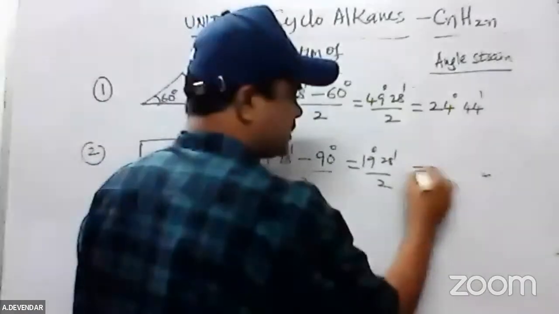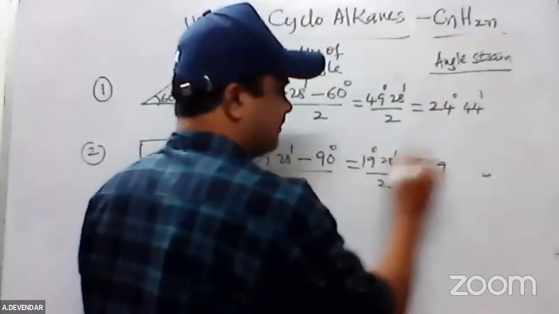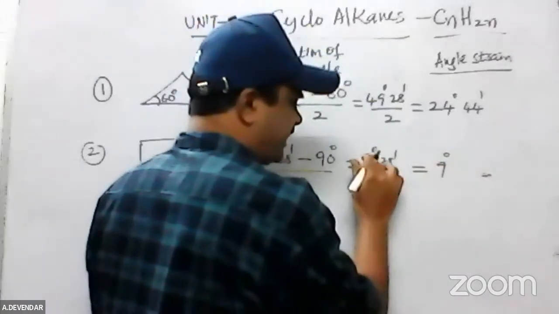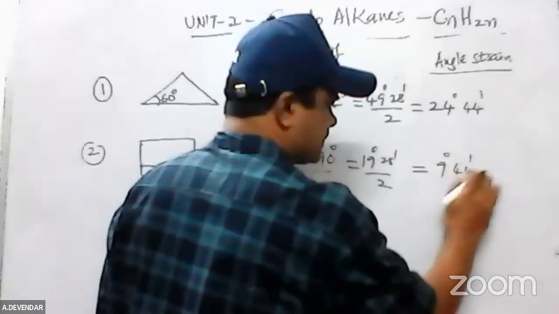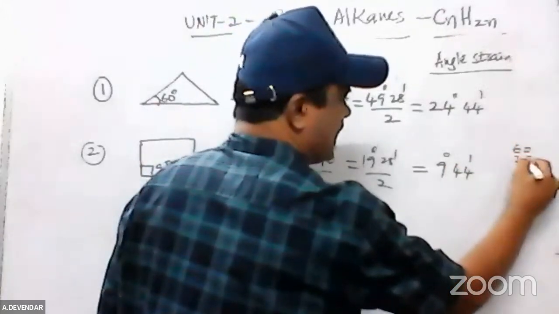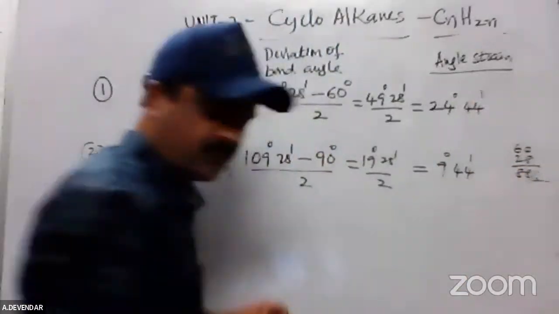Two 9s are 18, 9 degrees, 1 degree remains. 1 degree means 60 minutes, 60 plus 28 is 88. 9 degrees 44 minutes, and 88 is divided by 2. Don't get confused here.